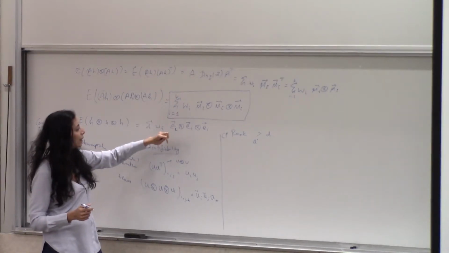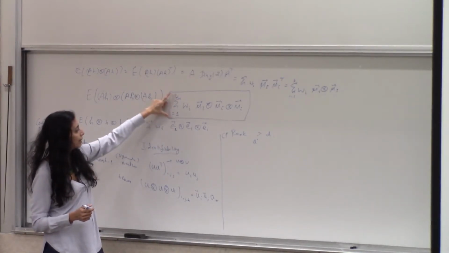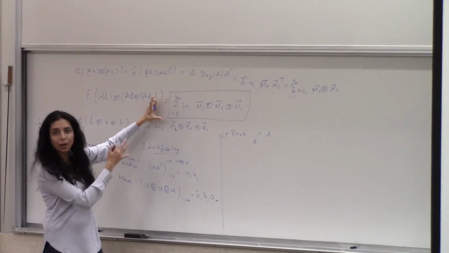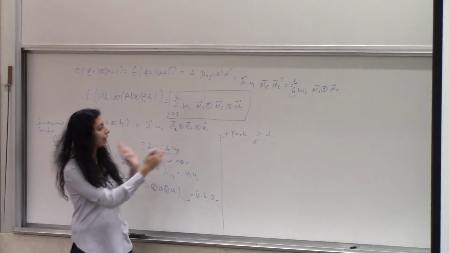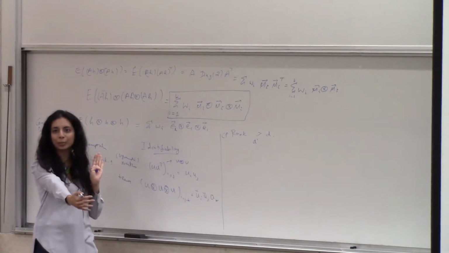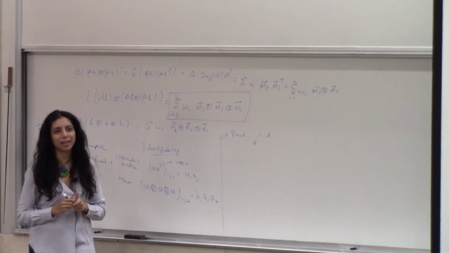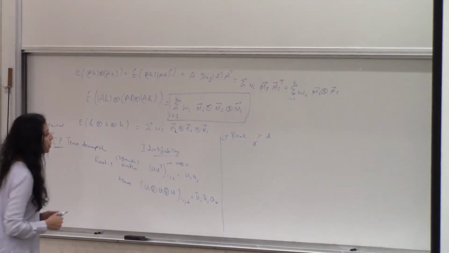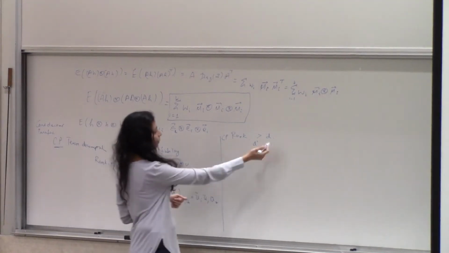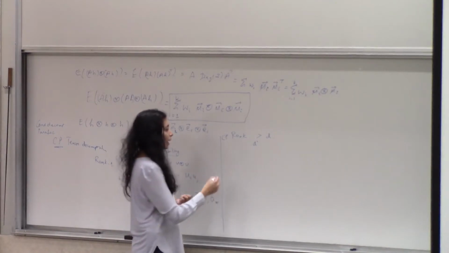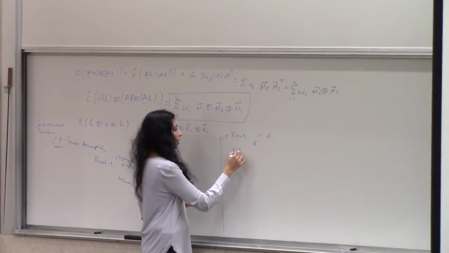Because you need to fit the D cube tensor, the number of entries is D cube. And so you can have the rank be large, and computing all this is NP hard.